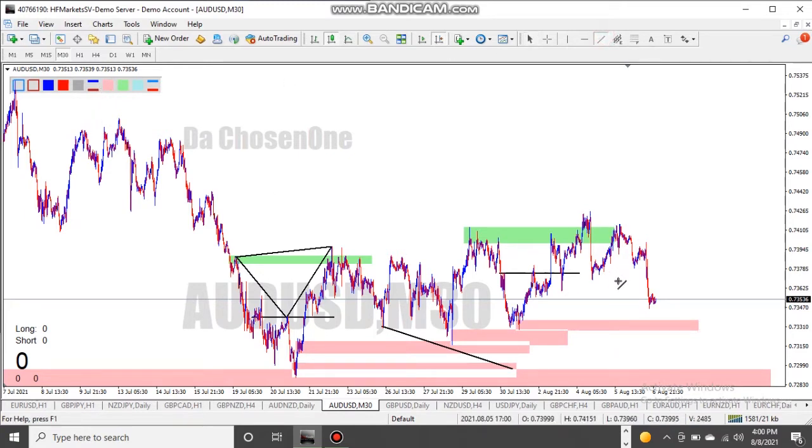So our PA is this one, as you can see, or we can say this is our PA. I think this one is much better. First touch, second touch, you're waiting for a third touch.